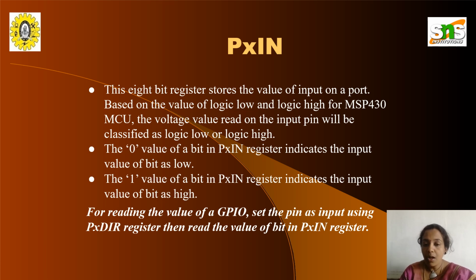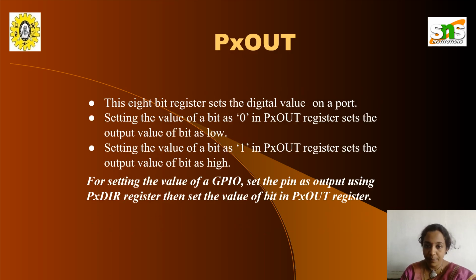The one value of a bit in the PxIN register indicates the input value of the bit as high. So if the zero value is there, then it means that the input value of the bit is low. If 1 is there, then automatically the input value is high.